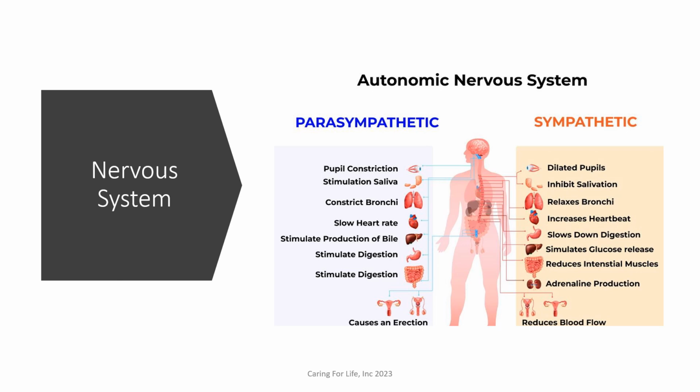Afferent nerve cells, called neurons, carry information about the body's environment to the central nervous system. Efferent neurons carry the responses from the central nervous system to the body to initiate action. Right? The autonomic nervous system, that's the one that controls the autonomic functions like breathing and digestion. The sympathetic branch controls the fight or flight response to stress.